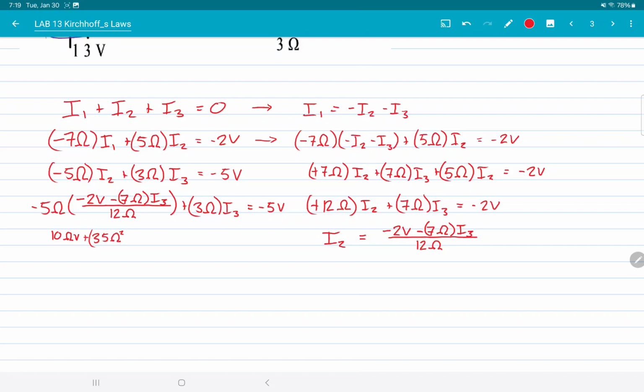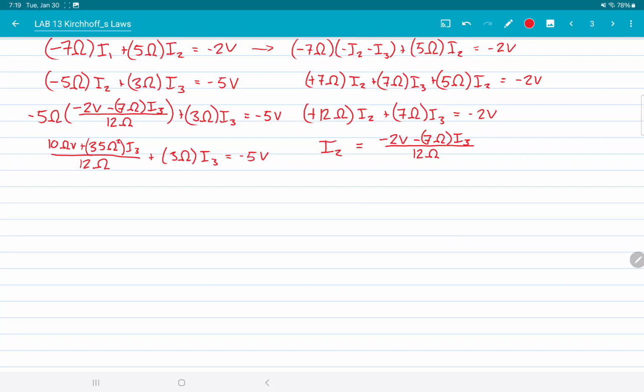No, plus 35 ohms squared I3 divided by 12 ohms plus 3 ohms I3 equals minus 5 volts.